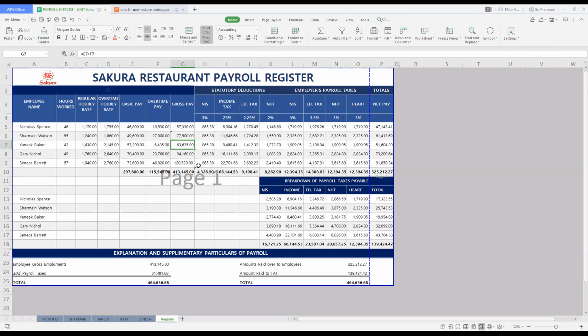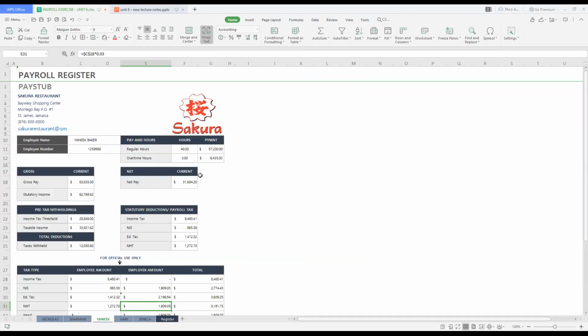$63,635. So we're going to find the statutory income now. Remember, we already worked out what the NIS was, and that amount was $865.38. So all we need to do is take away that amount from the gross pay of $63,635, and we end up with a statutory income of $62,769.62.